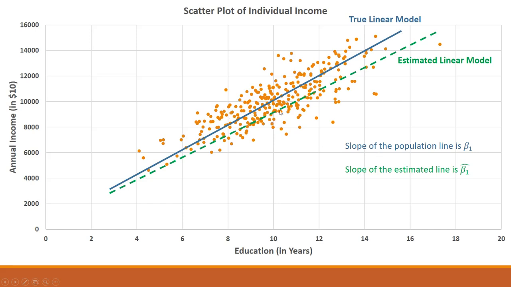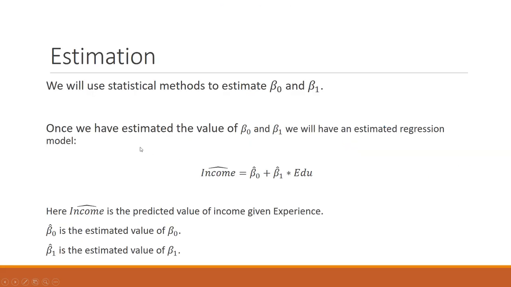And the slope of this estimated linear function is beta 1 hat. So we call this beta 1 hat. That is the estimated slope. All right, so we use statistical methods to estimate beta 0 and beta 1. Once we have estimated the value of beta 0 and beta 1, we will use an estimated regression model.